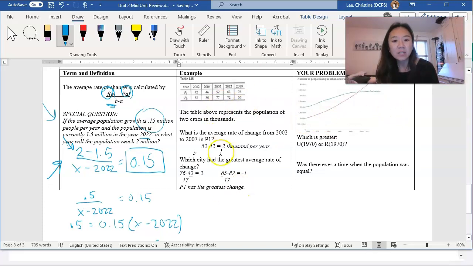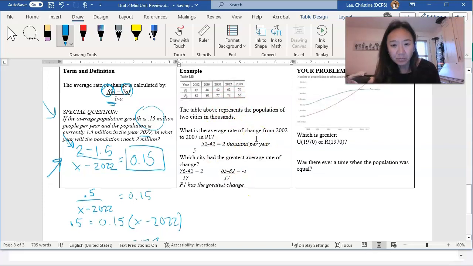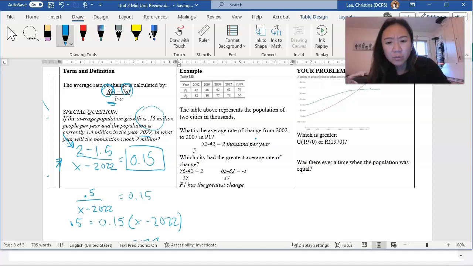All right, let's look at this example with the table. So this represents the population of 2 cities in the thousands. What is the average rate of change from 2002 to 2007 in P1, in population 1 or city 1? So here I'm looking at from 2002 to 2007, and that's a difference of 5 years.